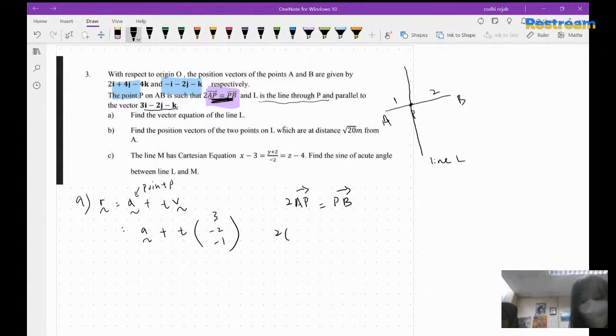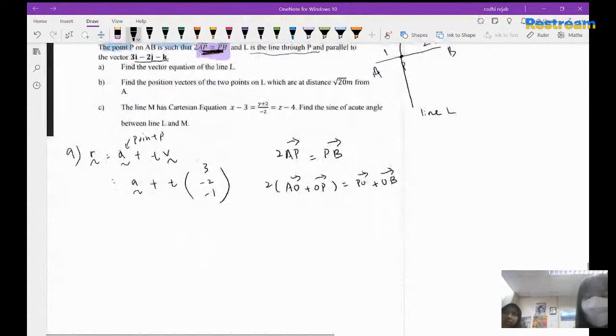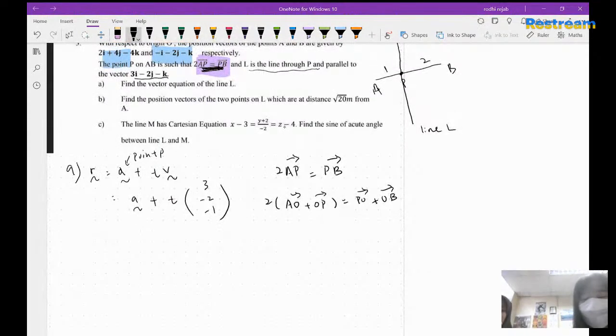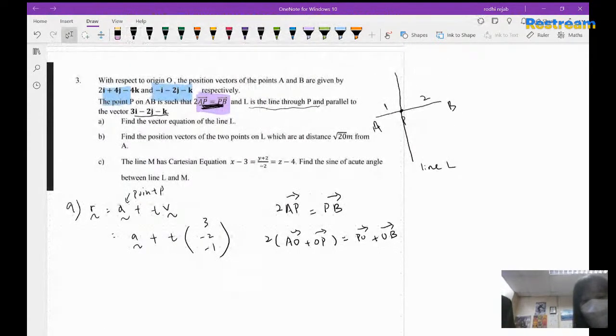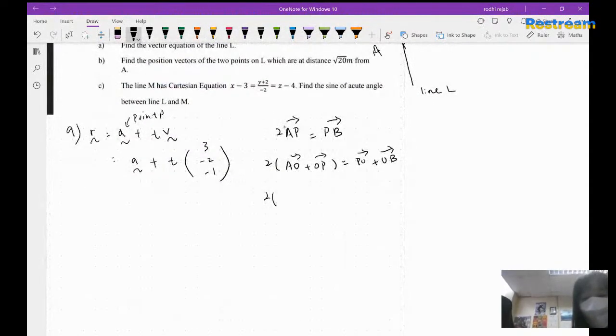Okay, so 2AO plus OP goes to P. So we just sub in all the values since we have OA in the question and we didn't have OP. So now I'm going to let OP become x, y, and z.